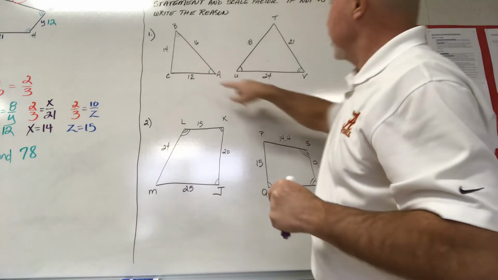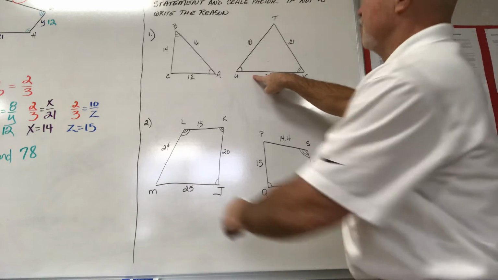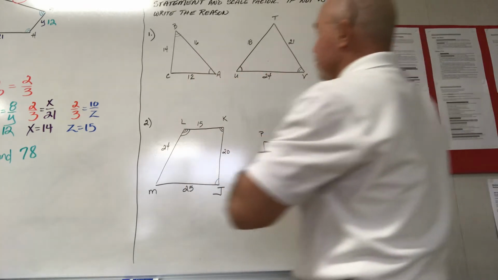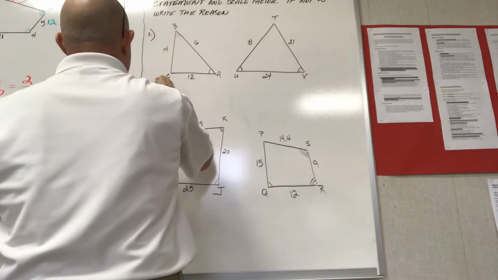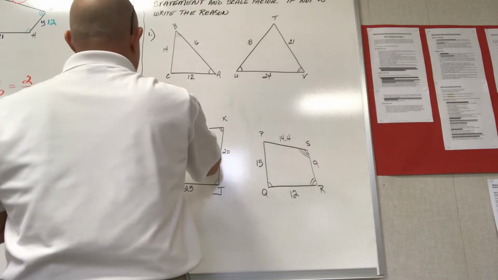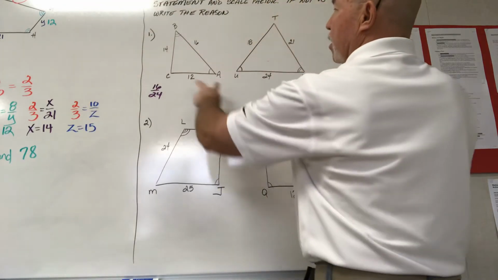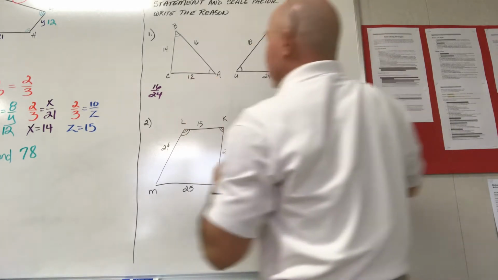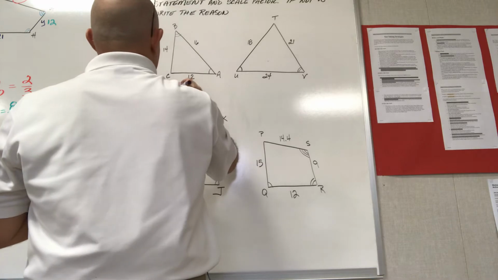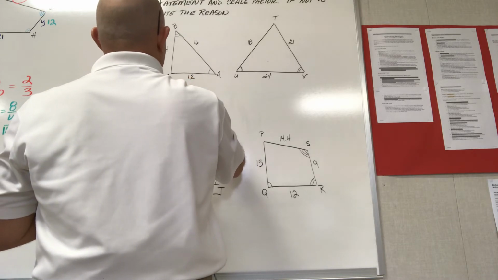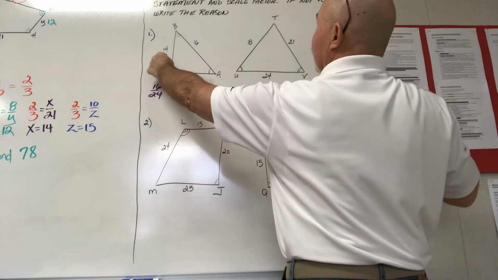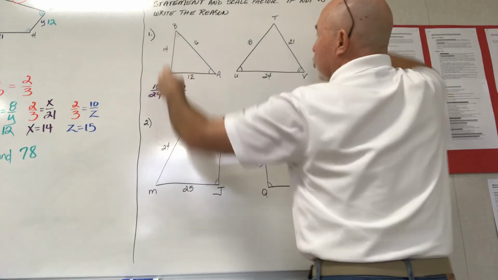Okay, between 1 and 2, 1 and 2. There's a 16 and a 24. Okay, A to C matches there. Okay, and 14 and 21.